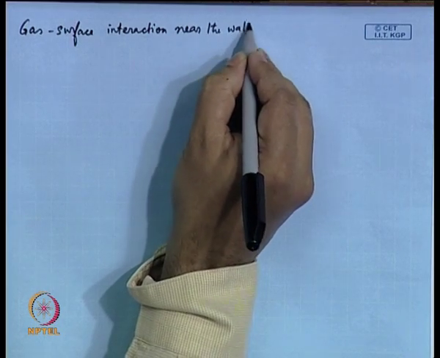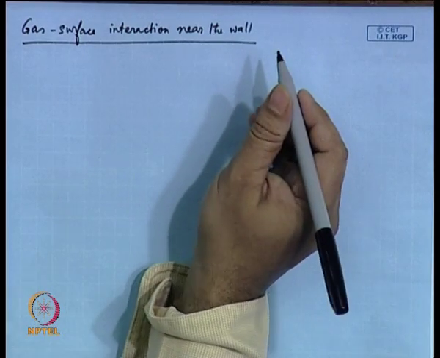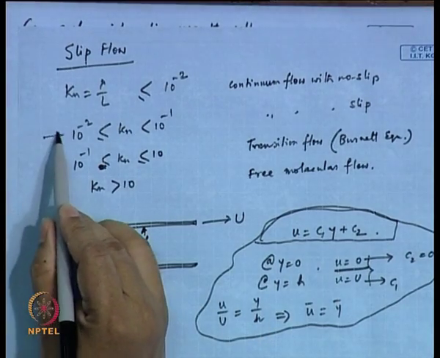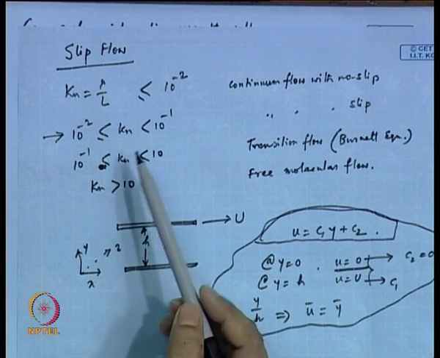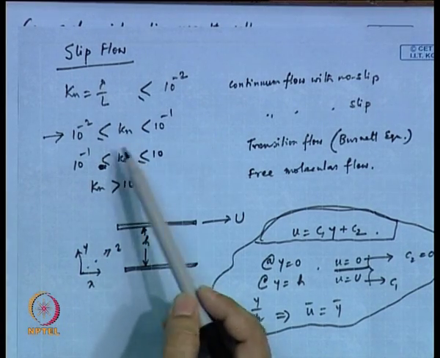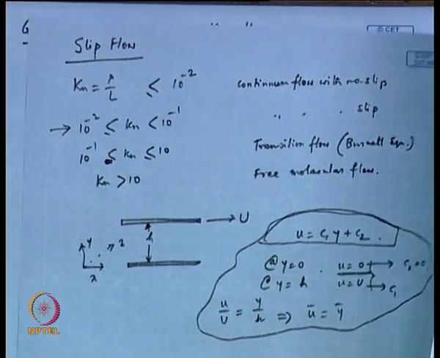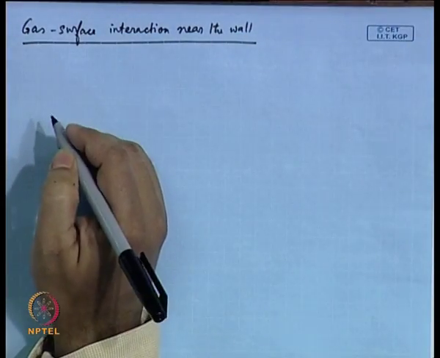We mentioned the fluid to be gas here, because gas will have a mean free path which is a little higher, and so it is likely that you will be working in this regime. For a liquid, the mean free path would be less. So, the applicability of the slip boundary condition will be more important for gas surface interaction, or flow of gas through a microchannel.